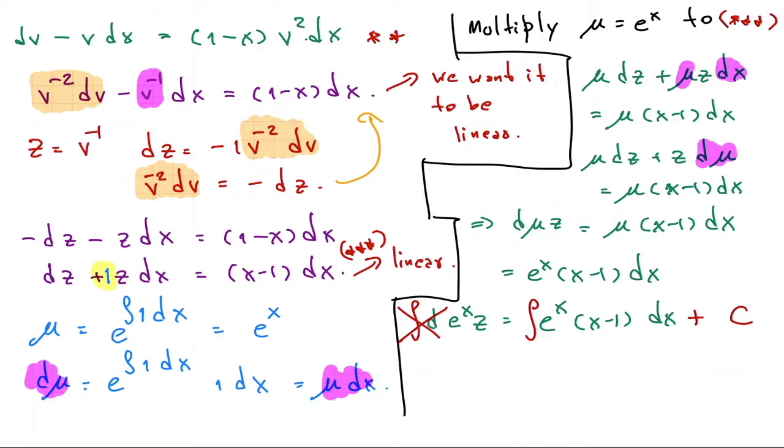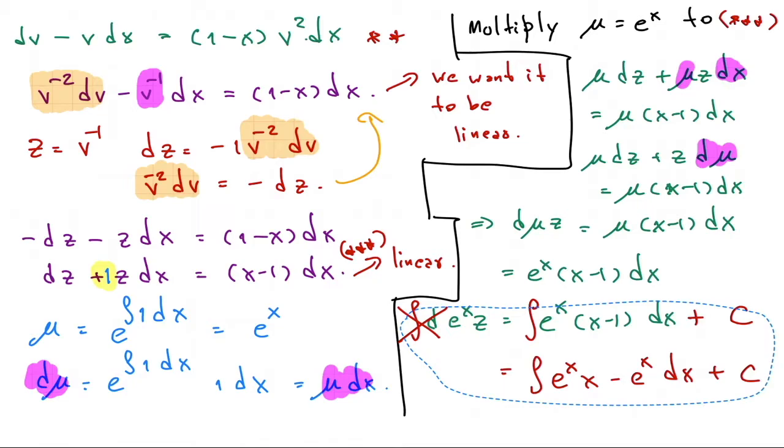And how to integrate this guy is the integral of x e to the x minus e to the x dx plus c, right? Okay, I probably need a next page.